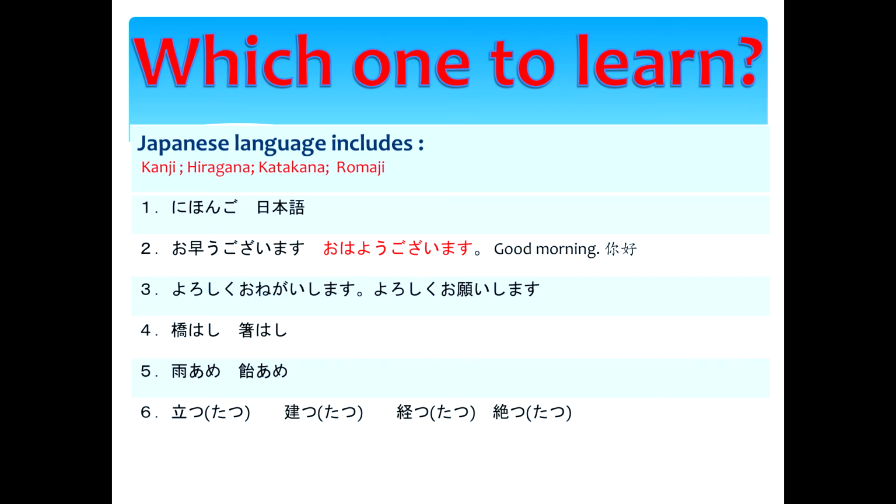Once you master your hiragana, that means when there is hiragana in front of you, immediately you can read aloud every letter, even if you don't know the meaning. That means you are very familiar with the hiragana, and that's the point when you move on to the vocabularies, and your vocabulary will increase a lot and much faster, because you are really familiar with the hiragana.